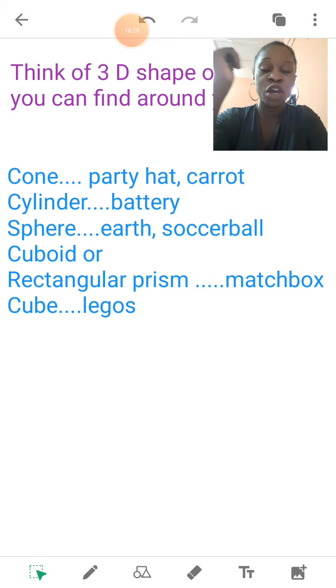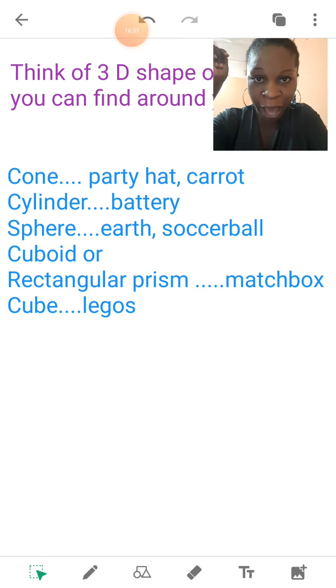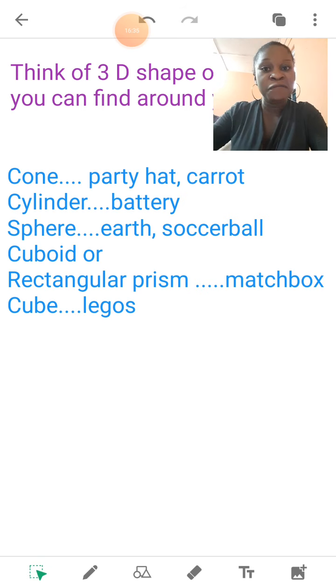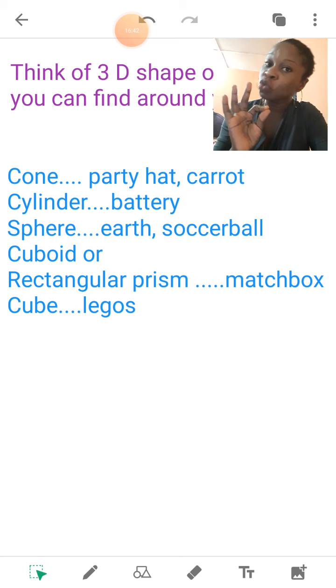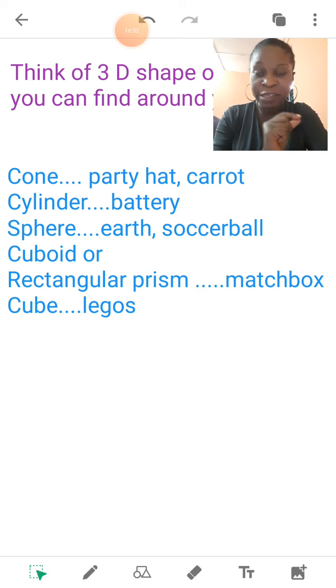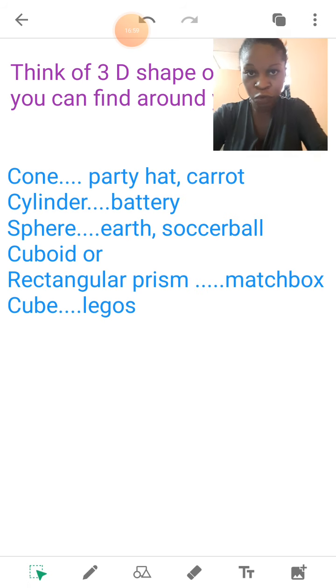You're going to look around the house, inside and outside, and find objects that represent any of the shapes. I would have said you should draw, but you might do that next week. If you want to draw, it's going to be neat. Otherwise, write the name of the object you observe beside it. Do that for both the 2D and the 3D, and that will be for today.